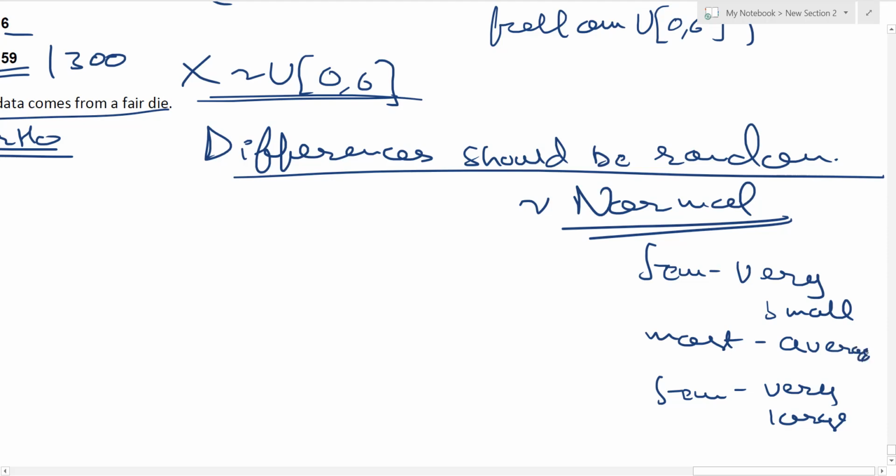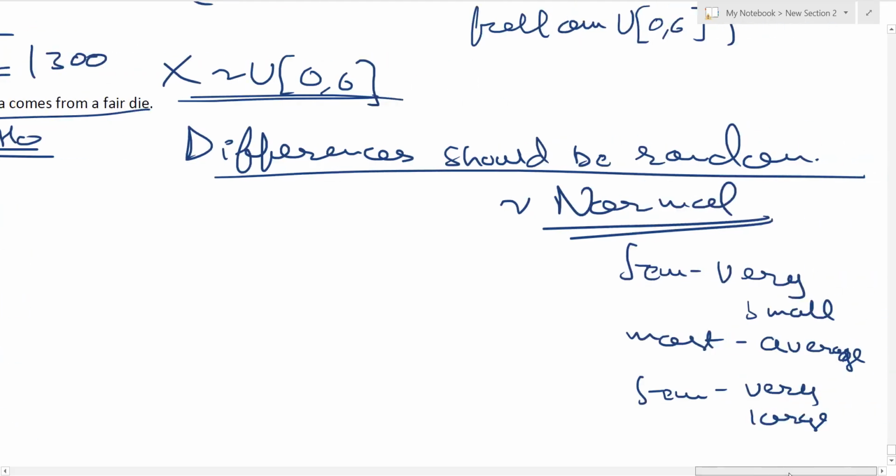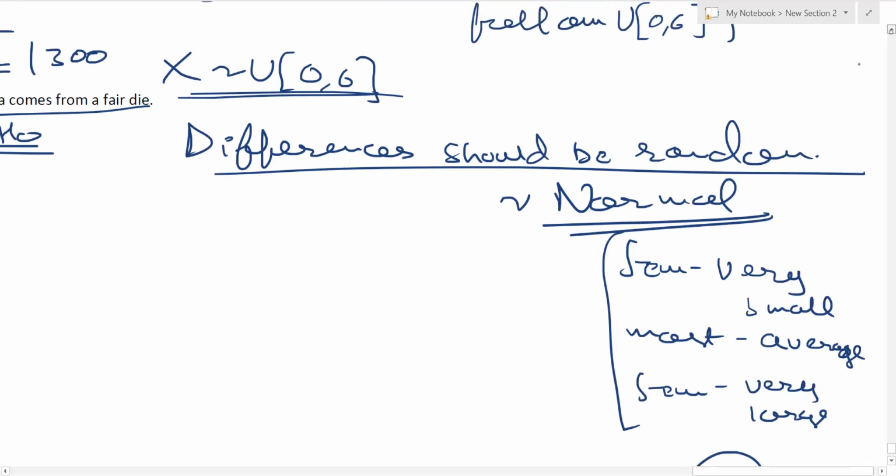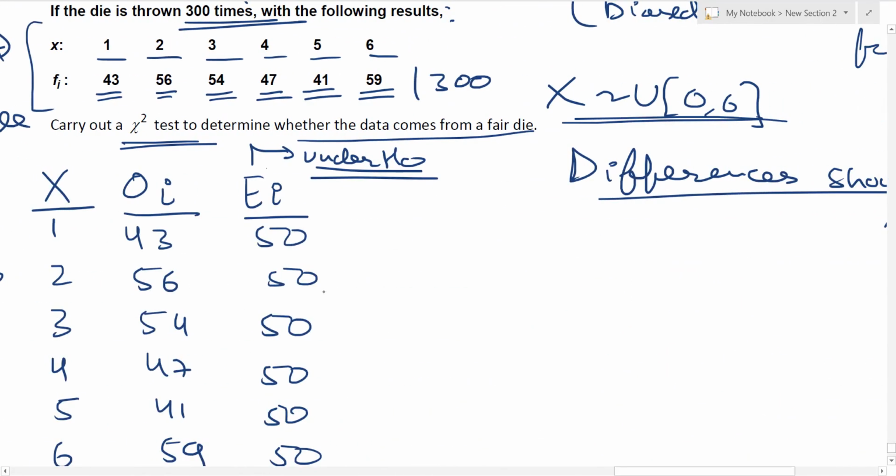That is what I mean by the normal distribution, right? It's completely symmetric. So this is what your graph looks like if you remember. So if there is random difference between EI and OI, then the distribution of the differences will be normal.